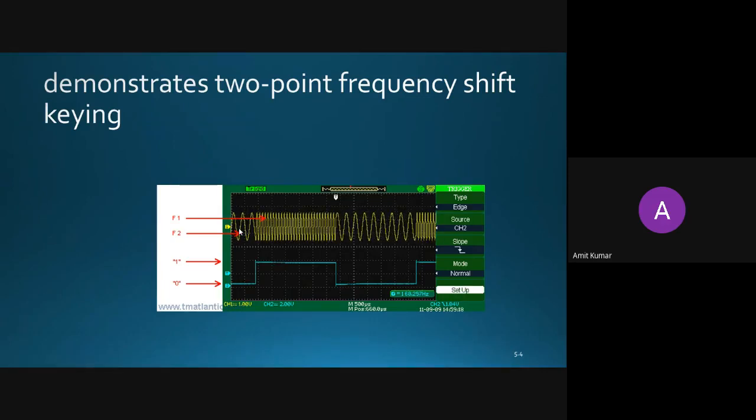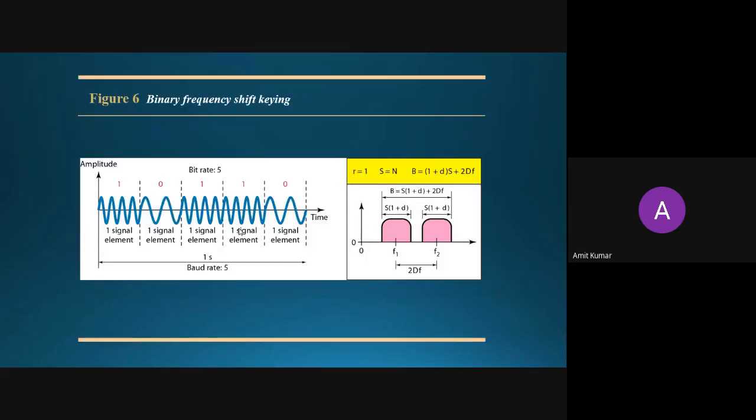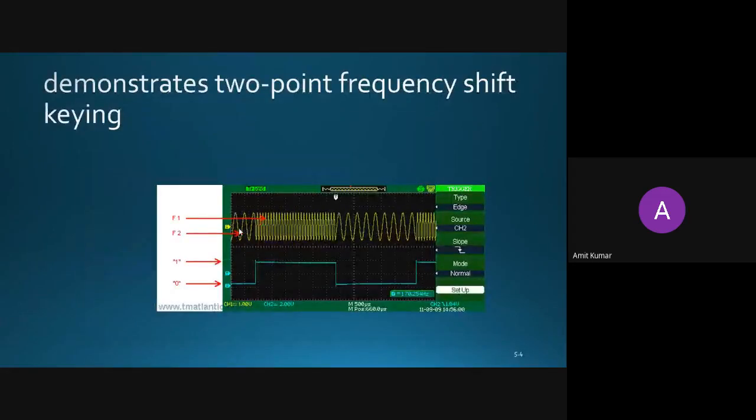If your signal is 1 level, or you can say 1 bit data, this is an example of binary frequency shift keying. What we have seen in the previous slide is the same as this one.